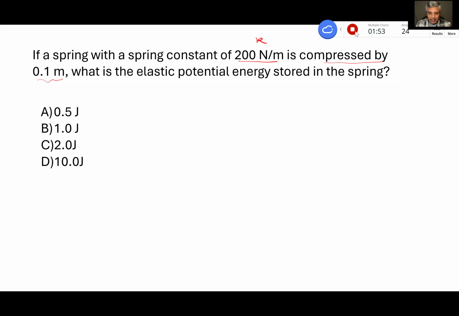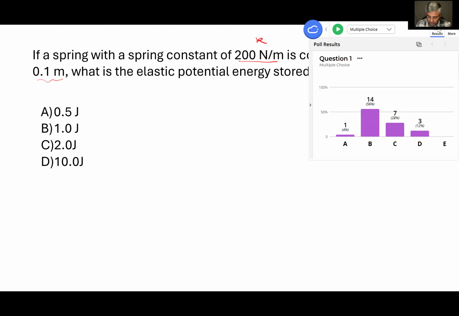And 5 more seconds. 5, 4, 3, 2, 1, and it stops. Let's see what we got. So we got mostly B, we got also C and D as well.